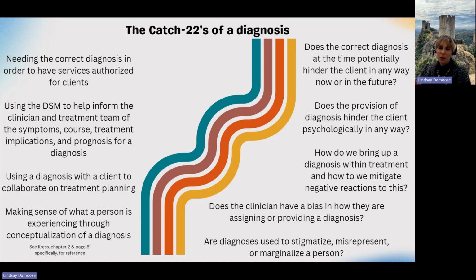The other component of how this might be challenging, and the textbook talks a lot about this, is something I never really thought was a big enough problem, until I had a client in my private practice who had once received a diagnosis of schizophrenia.